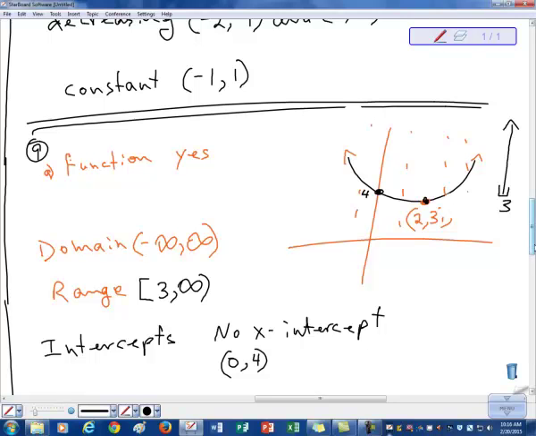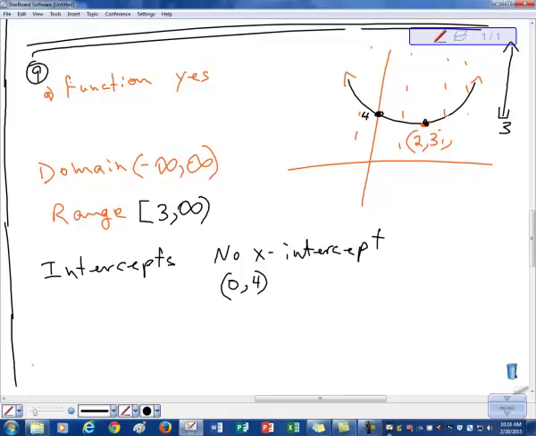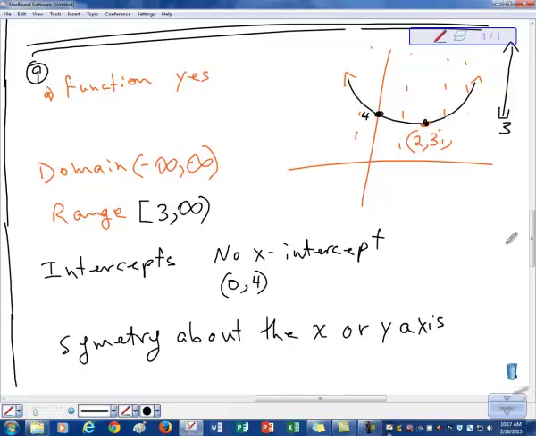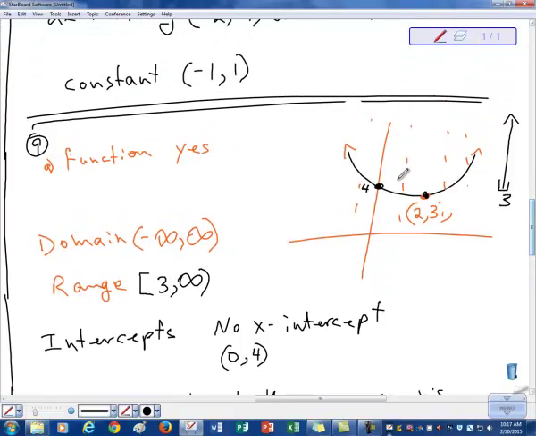Okay. Any symmetry? Is there any symmetry about the x or y axes? Well, in order for there to be symmetry, you would have to take that graph, fold it in half, and it should be just one line.